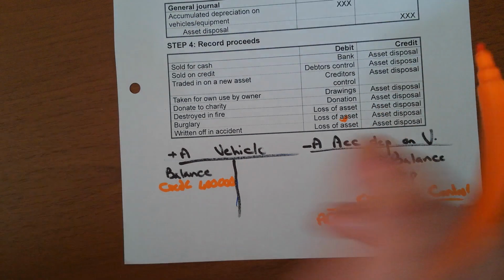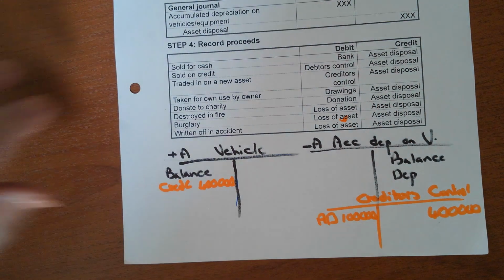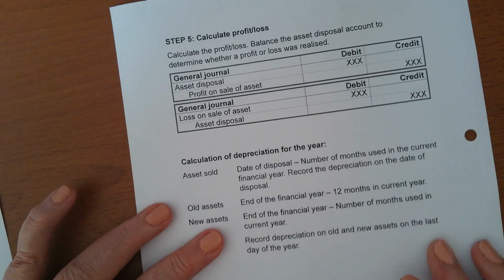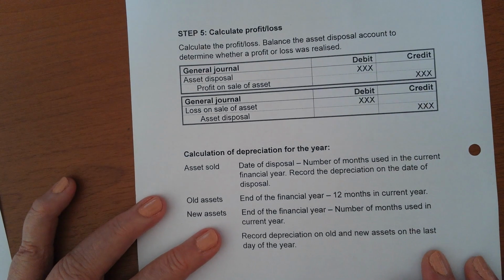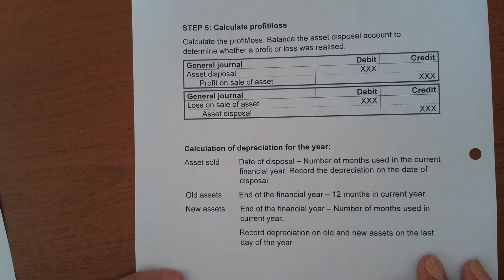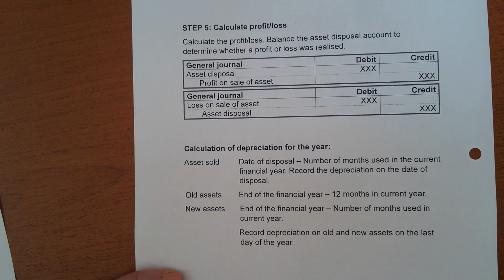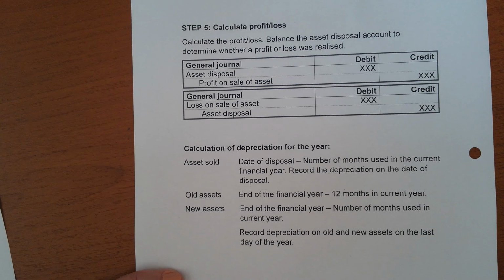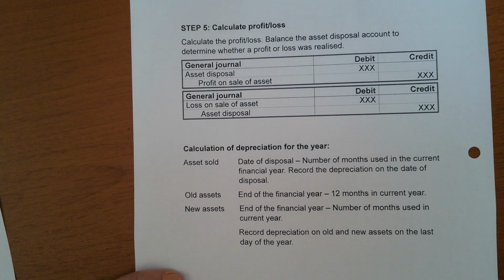Okay, so now what I've done, I put my cost price and my accumulated depreciation in the asset disposal account, and I also recorded the amount that we received for this asset. So the whole purpose of this asset disposal account is that I can calculate in one account whether I made a profit or a loss.